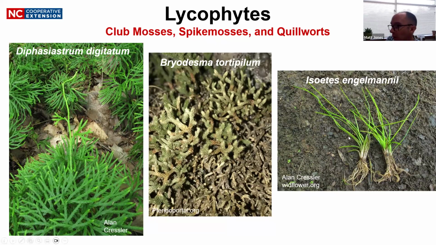But modern quillworts, these are like Isoetes, live in mostly wet habitats, and they have a swollen base where their spores, I'm sorry, their gametangia are found. And all three of these do occur in North Carolina.